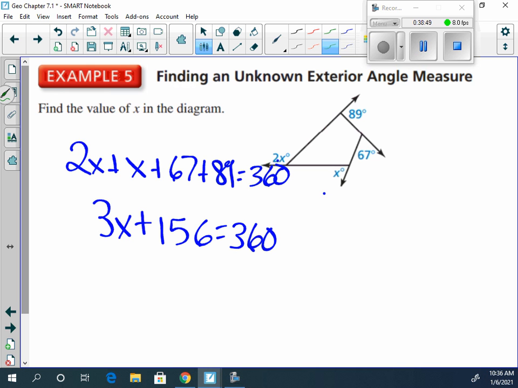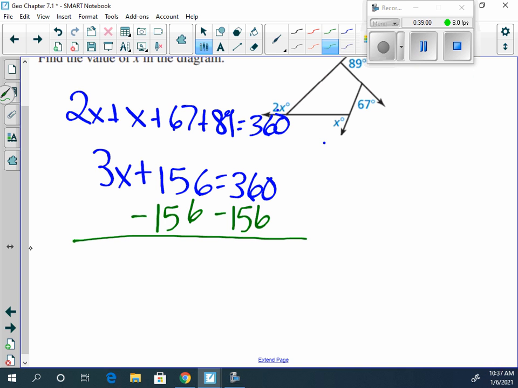So what do we need to do next? We need to get x by itself, and we can do that by subtracting 156 from both sides. I want to say 204.